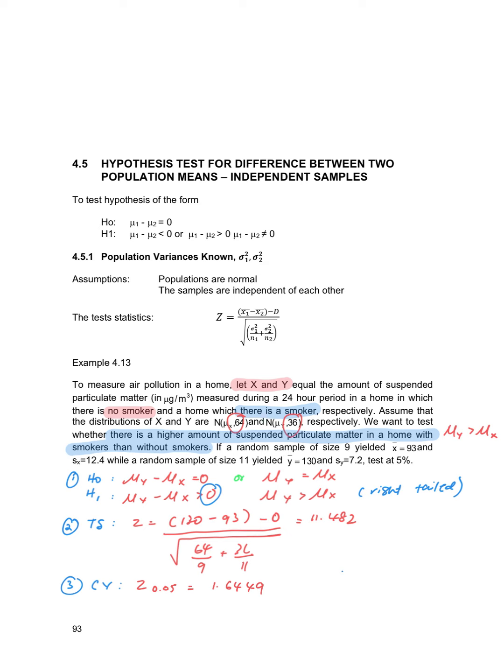Okay, then we will decide on what are the decision rule. So since this was a right tail test, so I will shade it at the right side. Okay, let's say the critical value here is 1.6449. So our test statistic we get 11.482, okay, which falls in the rejection region.